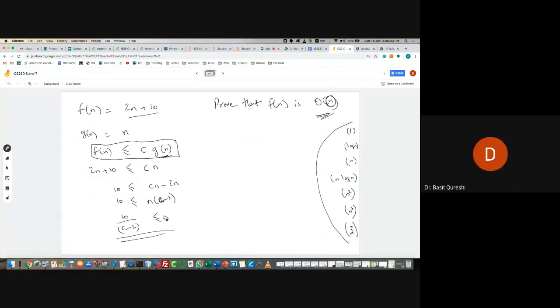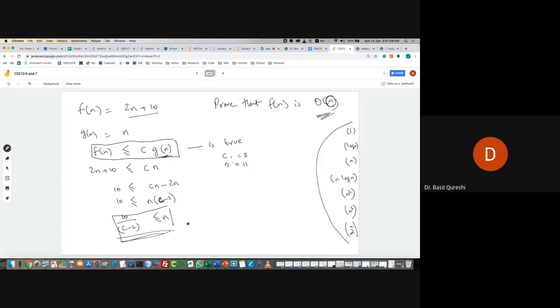Now what we need to do is to say that this is true. We have to find a value of c and n that satisfies this condition. So let's say if I pick c to be 3, and n is, let's say, 11.